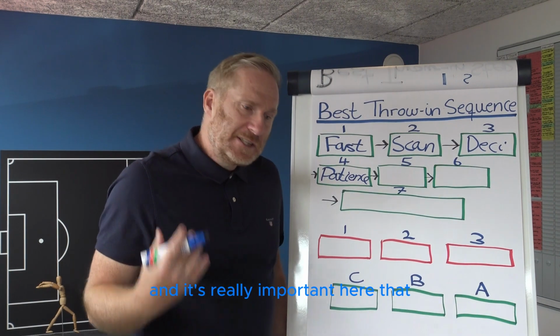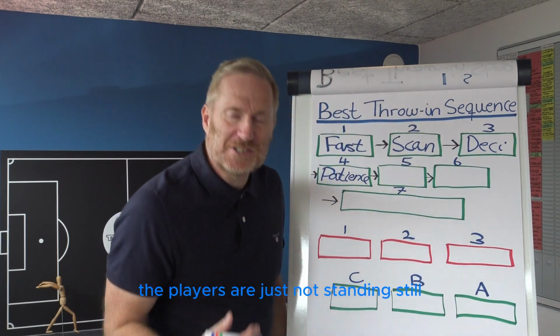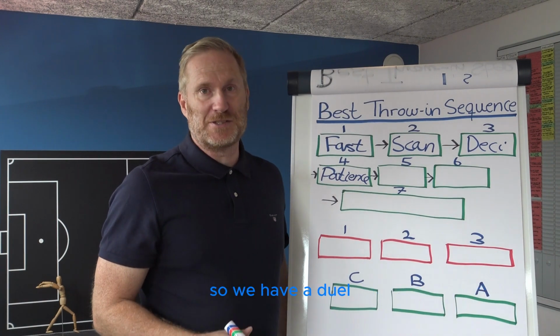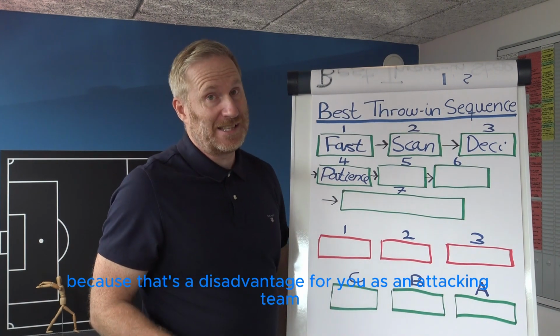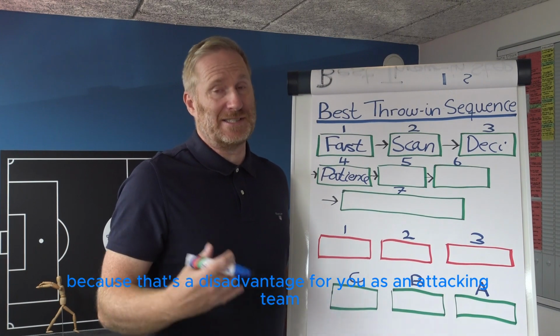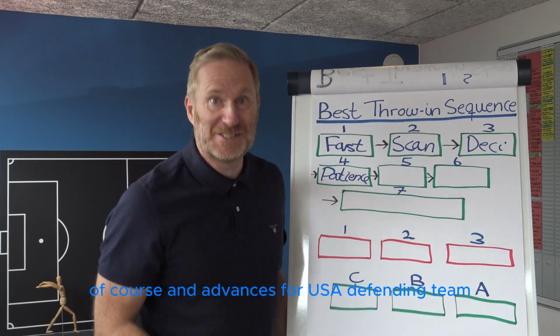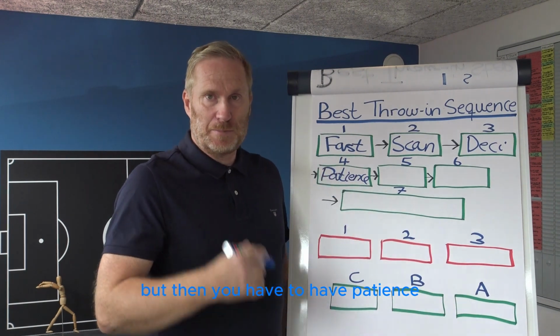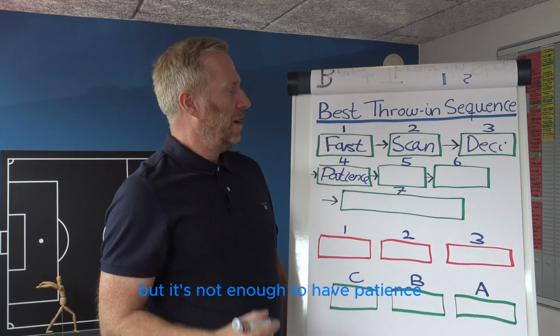And it's really important here that the players are not just standing still. Otherwise you're throwing the ball into a big bunch of players, so we have a duel, because that's a disadvantage for you as an attacking team, and of course an advantage for you as a defending team. But then you have to have patience. But it's not enough to have patience.